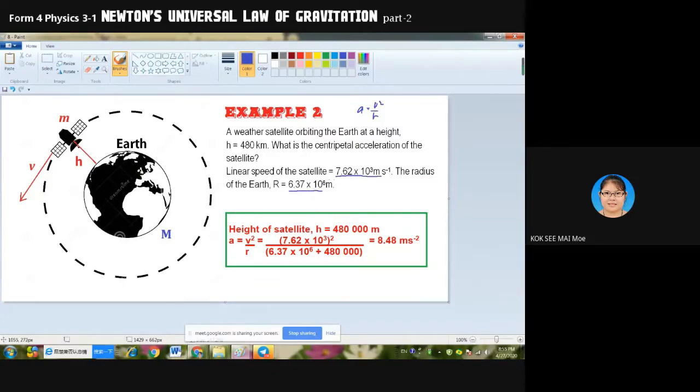Remember, it is not just the radius of the Earth. We need to add the 480 kilometers because the satellite is outside of the Earth. So this one is your calculation. The bottom needs no square, just v you square. So the final answer is 8.48.